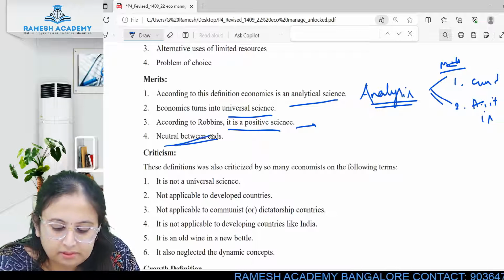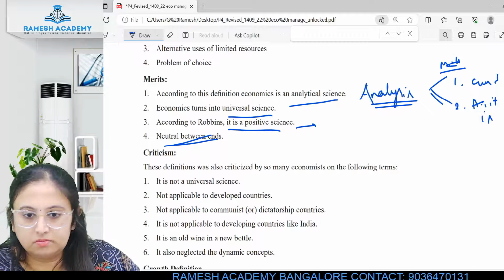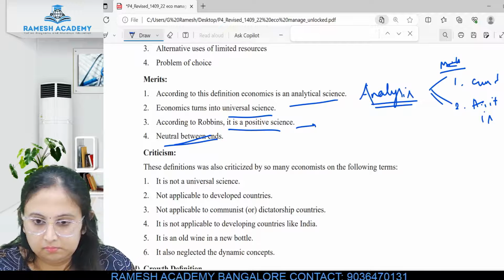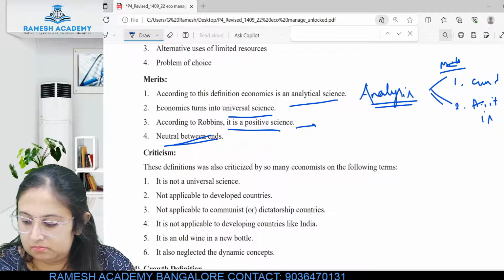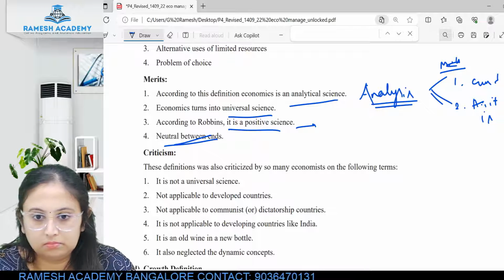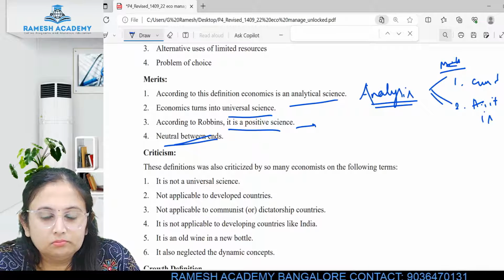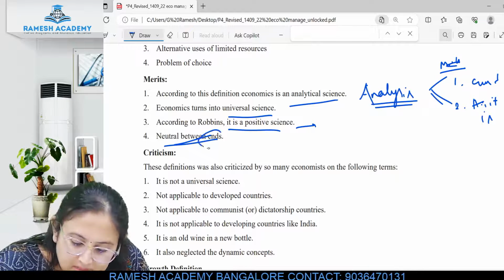And then neutral between ends. Neutral between ends means it is about human wants.